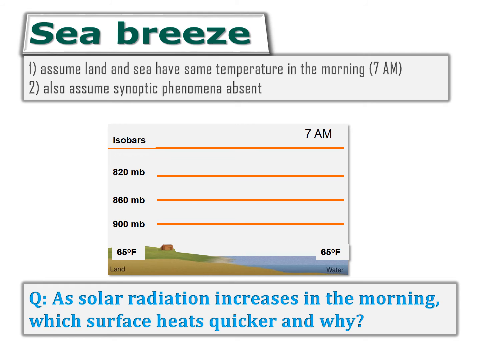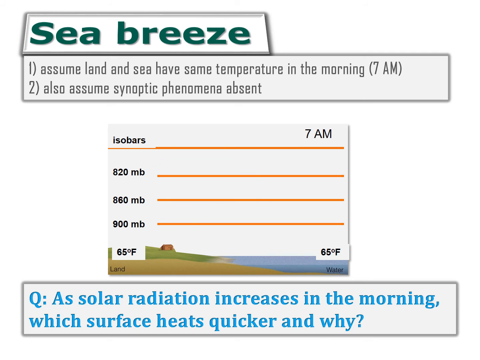Because specific heat is different. Land's specific heat is lower, so it receives a little energy and the temperature goes up quickly. Water has the greatest specific heat, so water absorbs a lot of energy and the temperature changes a little. So the land becomes warmer quicker.